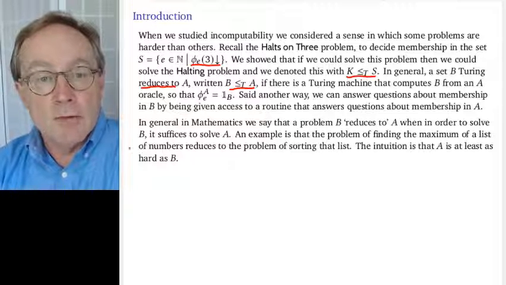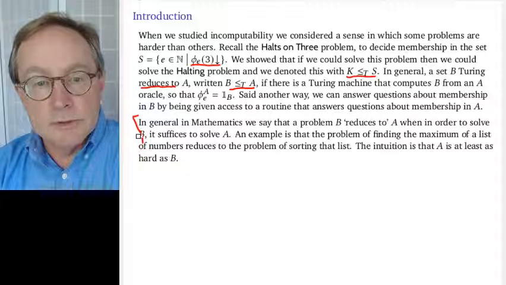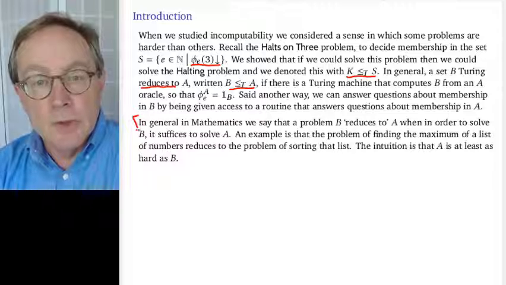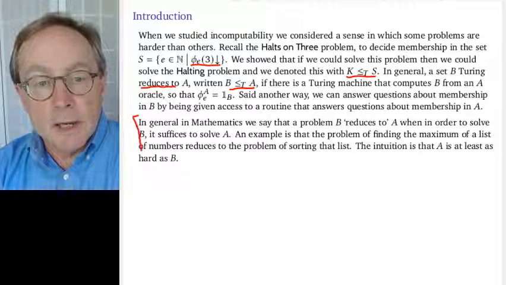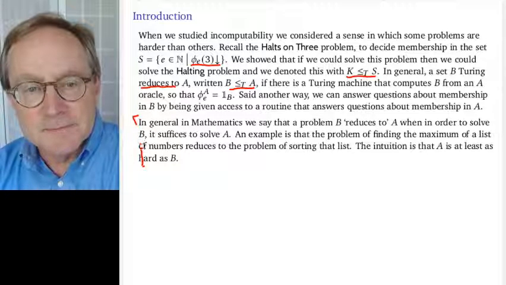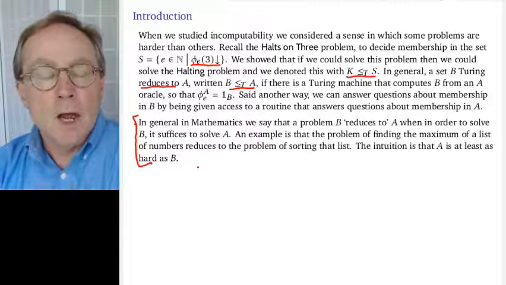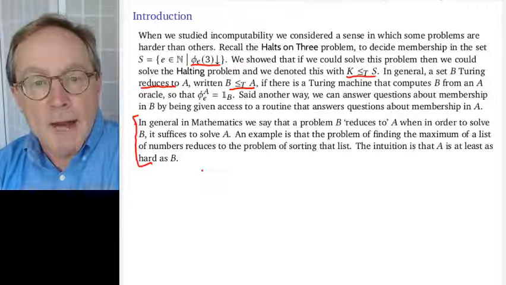And this is a general thing that's true in all of mathematics. In mathematics, we use the phrase reduces to. We say that B reduces to A if you could solve B anytime you could solve A. I'm going to note that the phrase is a little backwards.